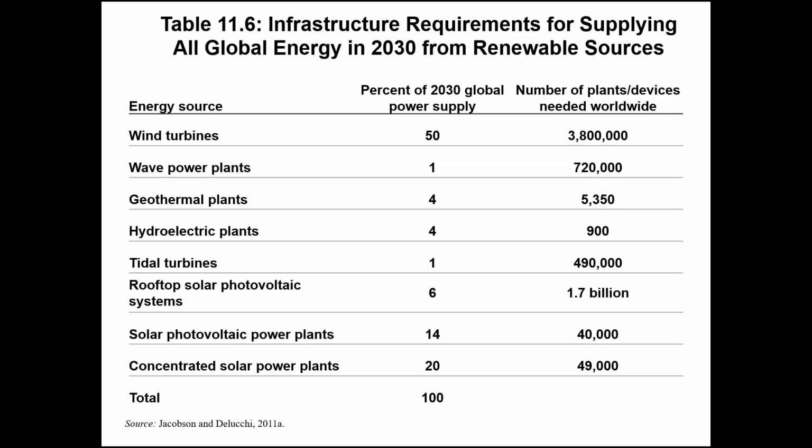So 50%, for example, would come from wind turbines, 20% from concentrated solar plants, and so on for each of the sources listed. And what we would need in order to accomplish that is in the far right column. The number of plants or devices that we would need worldwide in order to make that happen are listed in the right-hand column.